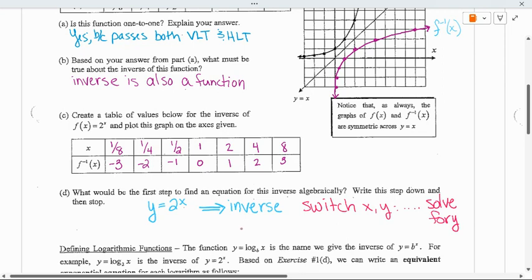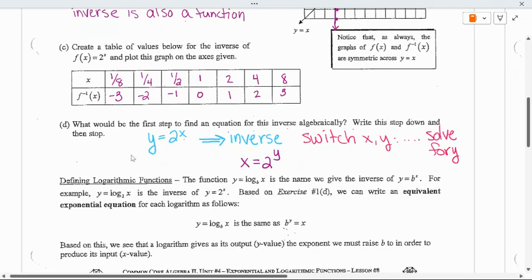So let's see, what would that look like? That would look like x equals 2 to the power of y. And you have y, what you're trying to solve for, in the exponent position. And you don't know how to get rid of that, which is why logarithms were created.